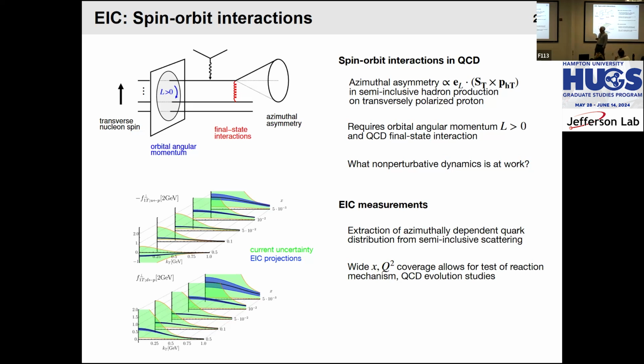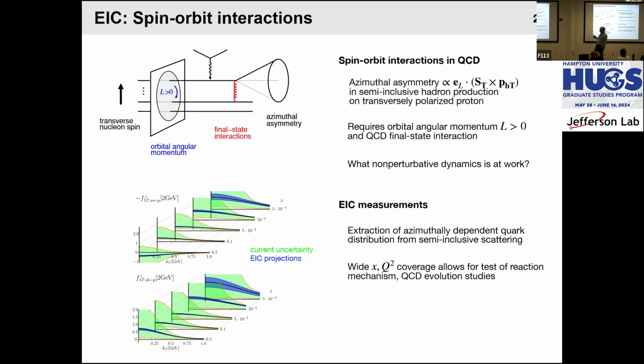And it's very interesting to think about how this azimuthal asymmetry comes about as a result of interactions in the system. One can show that it requires actually several things. It requires transverse polarization of the nucleon. It requires orbital angular momentum in the wave function of the system.